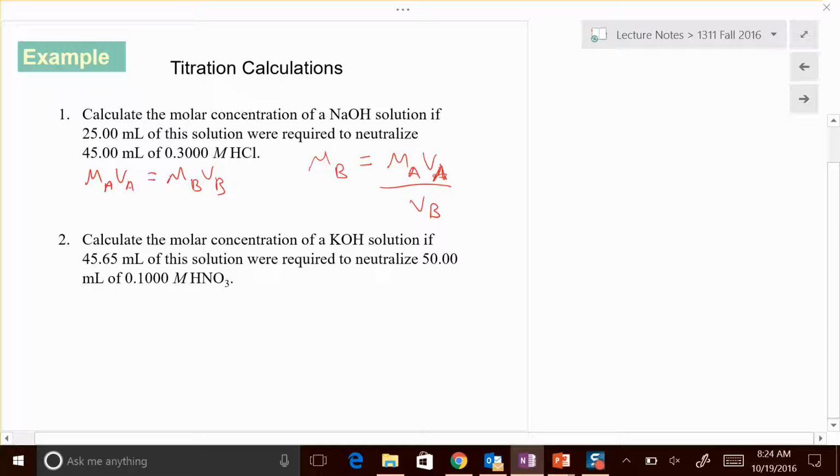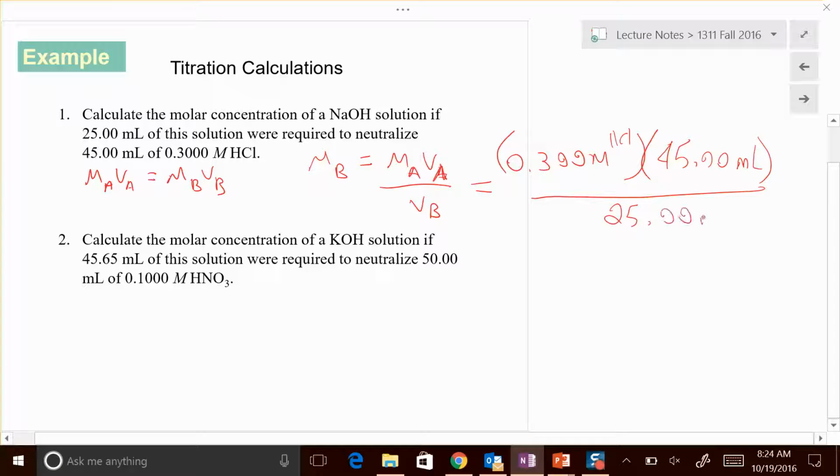So the molarity of the acid is 0.300 molar HCl. The volume of the acid is 45.00 milliliters, divided by the volume of the base, which is 25.00 milliliters.